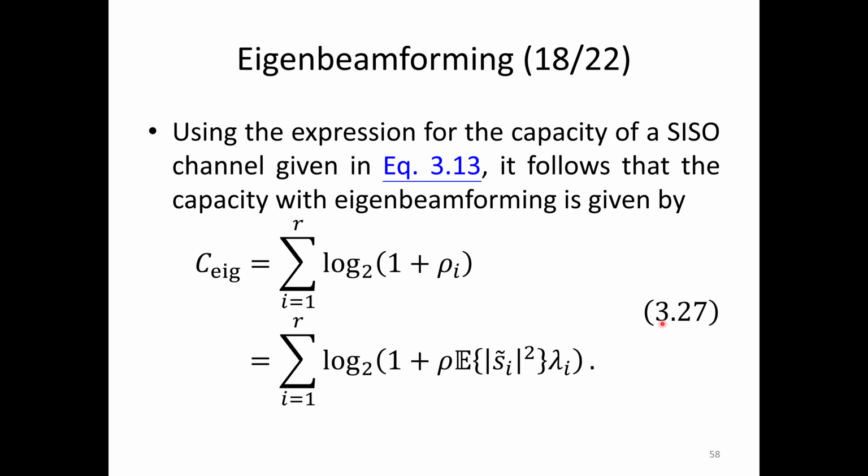In equation 3.27, we can see that CEIG, that is, the capacity with eigenbeamforming, is given by summation I is equal to 1 to r, where r is the channel rank, log 2 of 1 plus rho, where rho is the SNR at the receiver, times expectation of the square of the absolute value of S tilde I, where S tilde I is the ith symbol to be transmitted, times lambda I, where lambda I is the ith largest eigenvalue of the matrix H times H Hermitian.